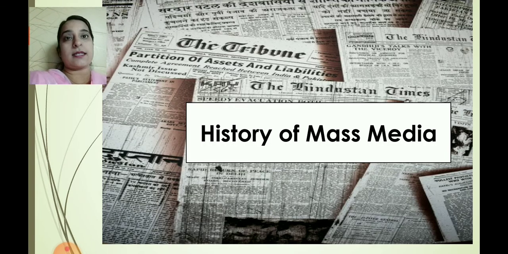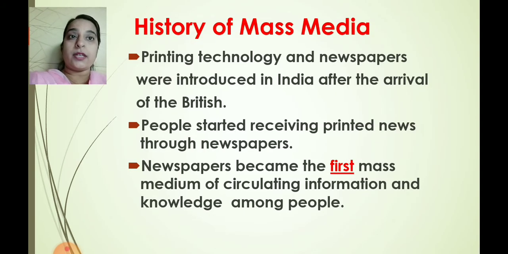Next, let us learn about the history of mass media. Printing technology and newspapers were introduced in India after the arrival of the British. Then the people started receiving printed news through newspapers. So, very important, children, newspapers became the first mass medium of circulating information and knowledge among people.